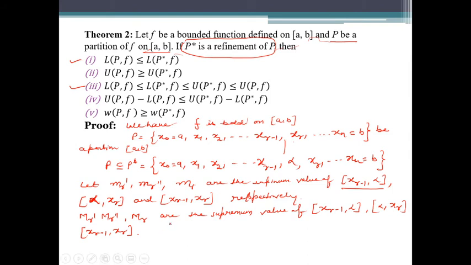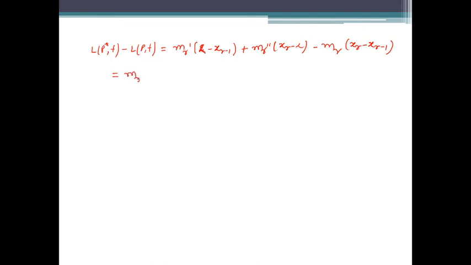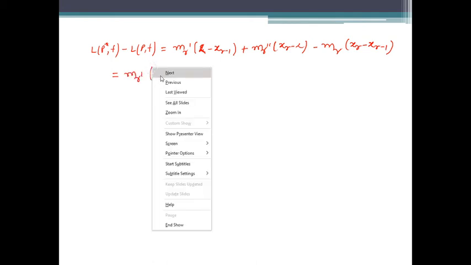So now we will try to find L(P star, f) minus L(P, f), and this difference will be equal to m r dash times (alpha minus x r minus 1) plus m r double dash times (x r minus alpha) minus m r times (x r minus x r minus 1). Right?